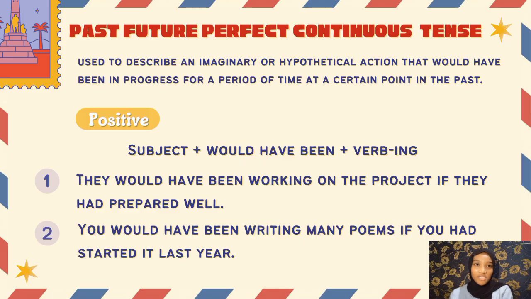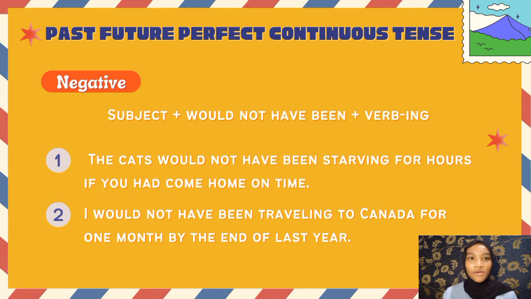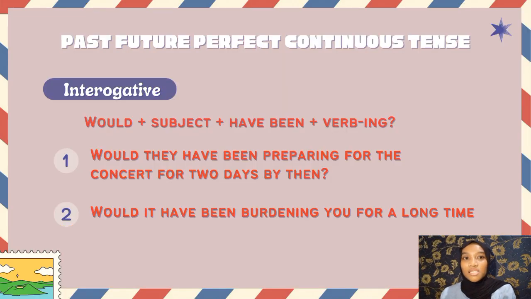For the positive forms, the formula is subject, would, have, been, and verb ing. For the negative forms, the formula is subject, would, not, have, and verb ing. For the interrogative forms, the formula is would, subject, have, been, and verb ing.